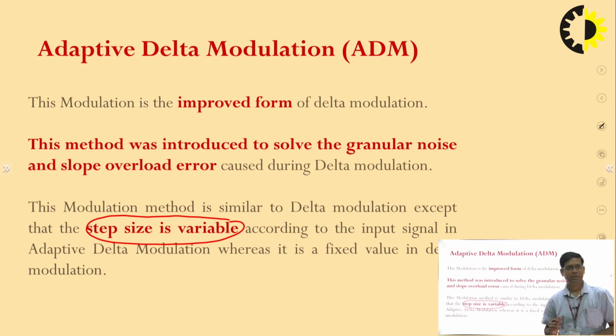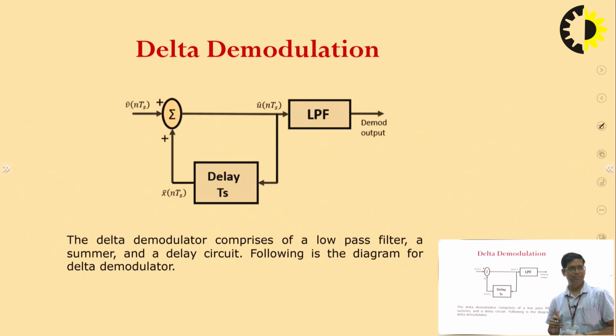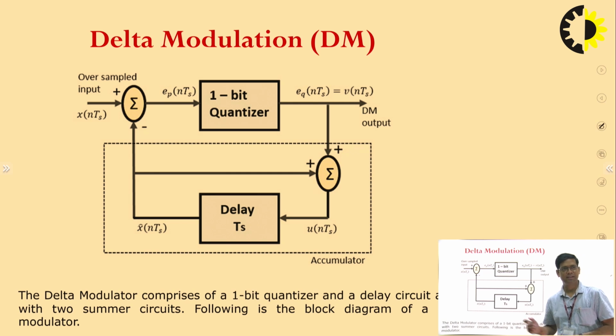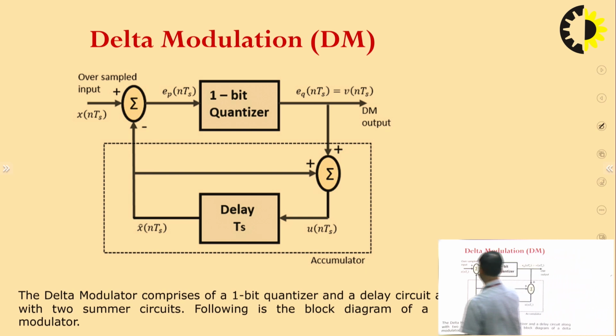Now, let us discuss the block diagram of delta modulation and adaptive delta modulation. Please see here. This is the block diagram of delta modulation technique. Here you can see that we have a comparator circuit. This is our comparator.